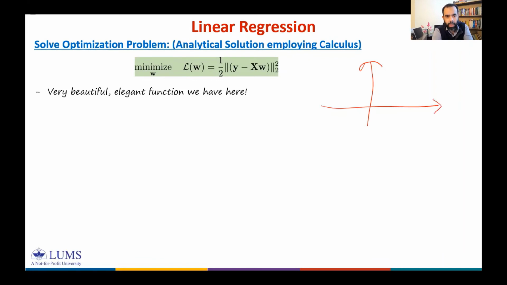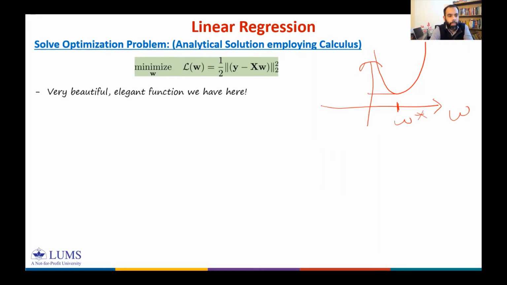If you plot the loss function against W, for a given Y and a given X, as we change W, you're going to get something like this. We want to find this value of W, which we write as W star, and this is the minimum value of the loss function.